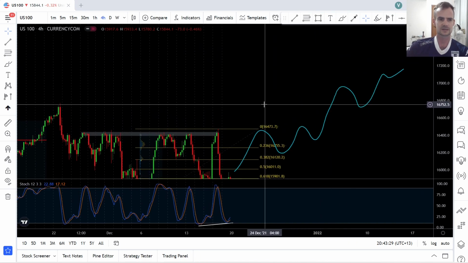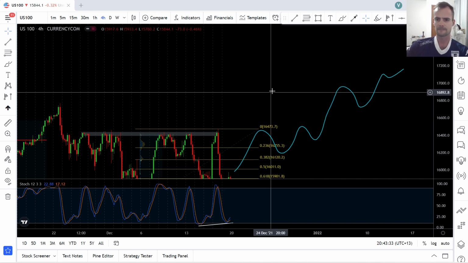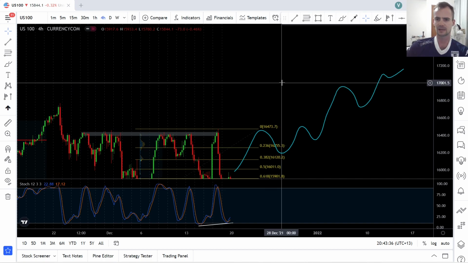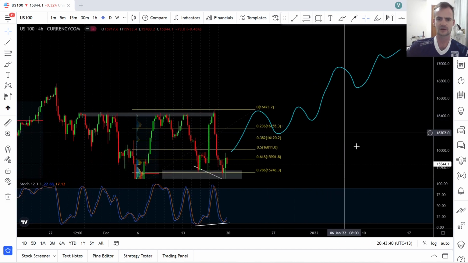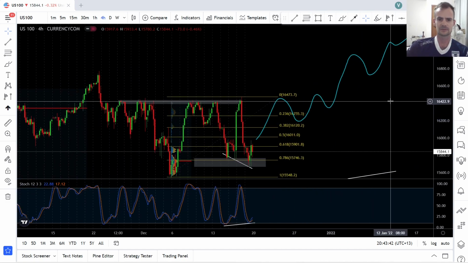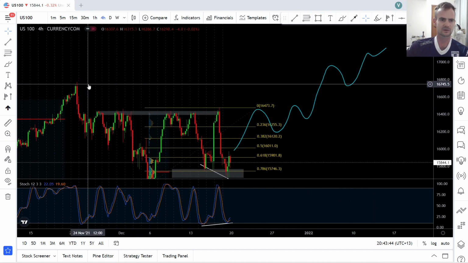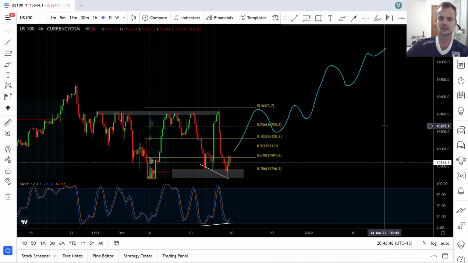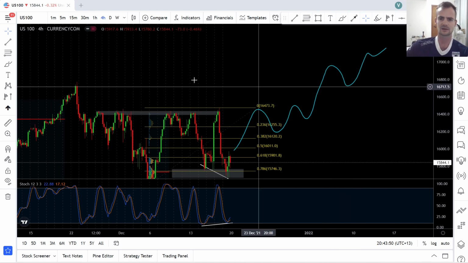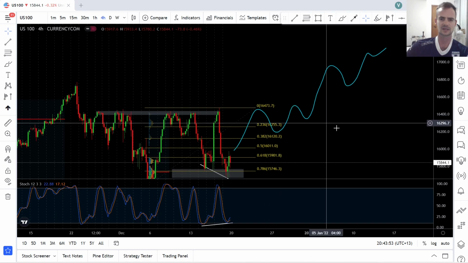We may see it because it has reached 16,750. We may see it heading up to 17,000, then all the way up to 17,500 and so on. But in realistic terms, probably target the all-time high and maybe leave a little bit on the table to run, or you can just close out and then look for re-entry on the test of this all-time high.